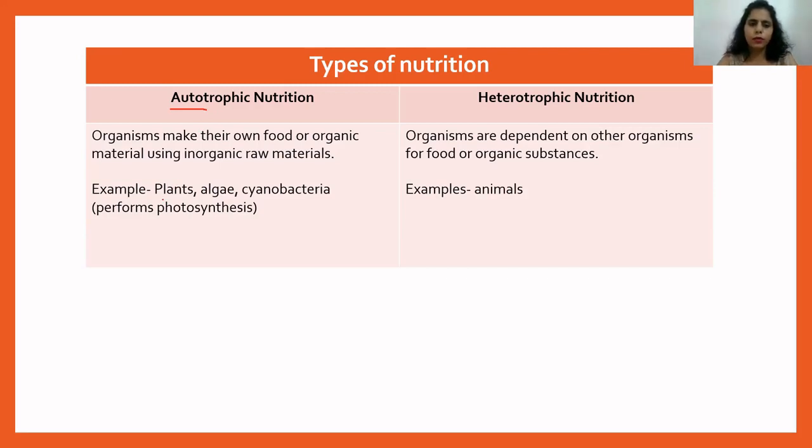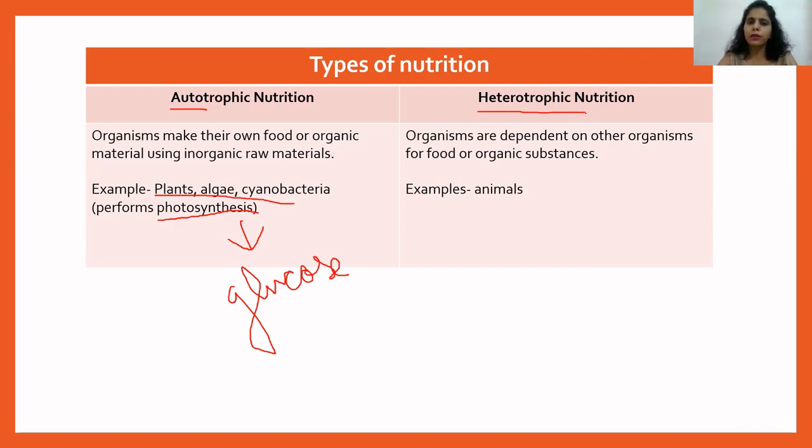Examples of autotrophic nutrition are plants, algae, cyanobacteria, etc. All these organisms perform a very important process called photosynthesis, and in the process of photosynthesis, they prepare their food, which is called glucose.